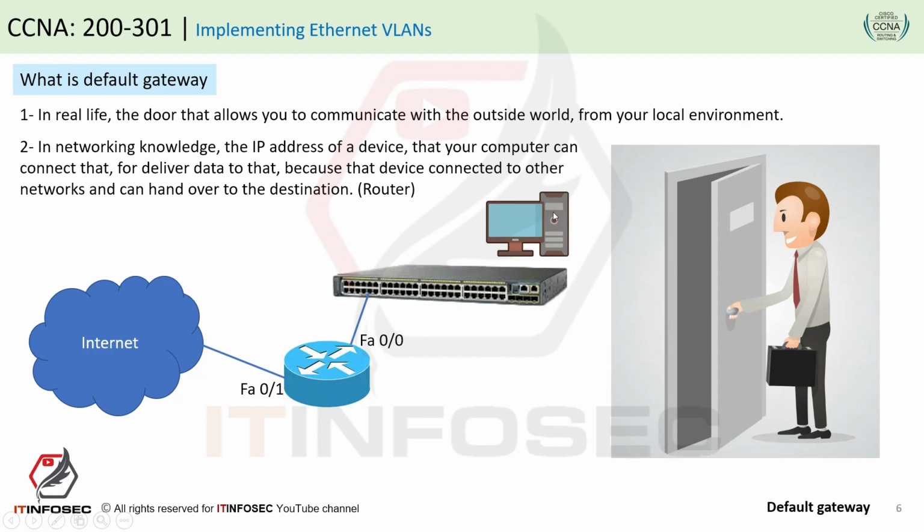My computer's IP address is 10.0.0.1, and the router's FastEthernet 0/0 that connects to our switch is 10.0.0.10. Because my IP address and the router IP address are in the same range, without any other device needed, I can easily ping and communicate with that IP address.